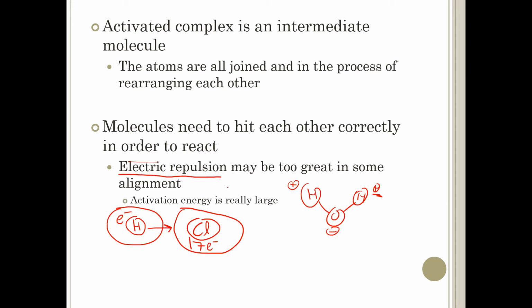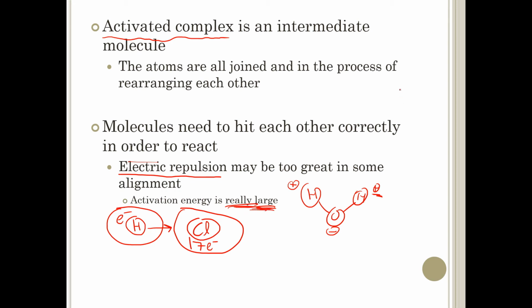Anything we can do to reduce electric repulsion will make the creation of the activated complex easier, because we can reduce the activation energy. Okay. If things are oriented improperly, the activation energy can get quite large and can prevent your reaction from occurring.